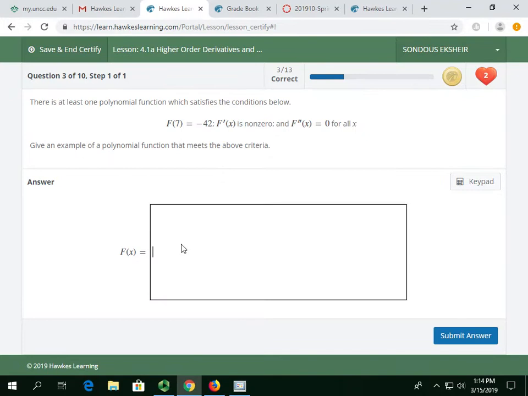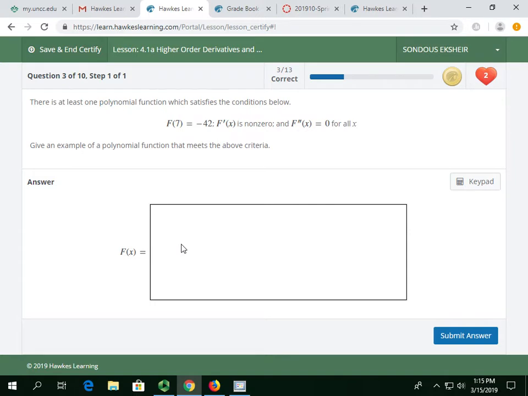Now this was that problem we also did in class, where they gave me some information about this function. So let me talk about this one for a second. It said there's at least one polynomial function which satisfies the conditions below. Big F of 7 is equal to negative 42.